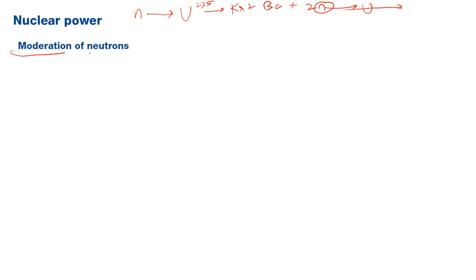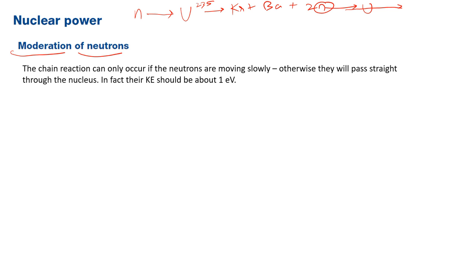By moderation of neutrons, we mean that the neutrons need to be slowed down so that the uranium is able to absorb the neutron. Otherwise, if it is moving very fast, it will pass through the nucleus without any radioactive decay. So the chain reaction can only occur if the neutrons are moving slowly, otherwise they will pass straight through the nucleus.